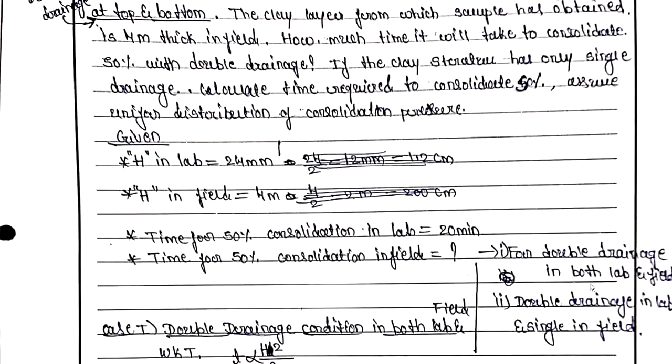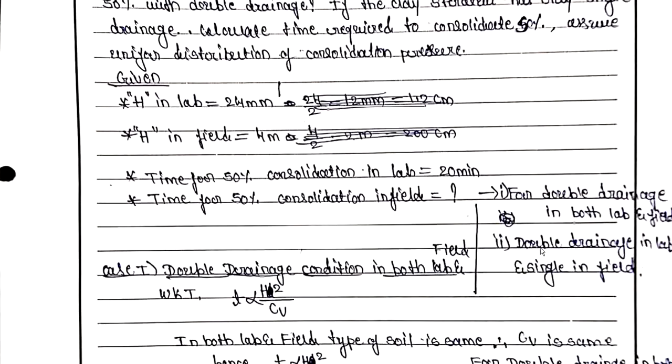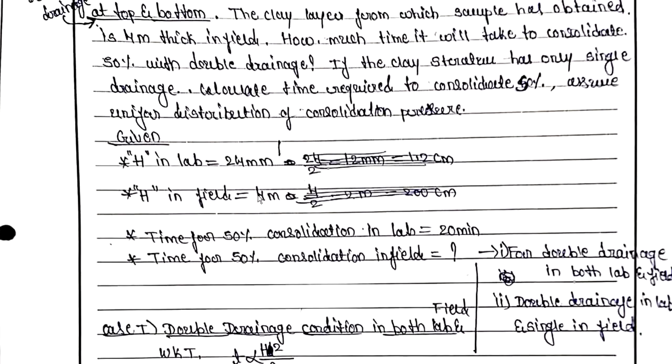For double drainage in both lab and field we have to find out, and for single drainage in the field we have to find out the time required for 50% consolidation. So there are two cases. In the first case, in lab and in field, double drainage is allowed, but in the second case, in lab double drainage is allowed and in field single drainage is allowed. In both cases we have to find out the time taken for consolidation.